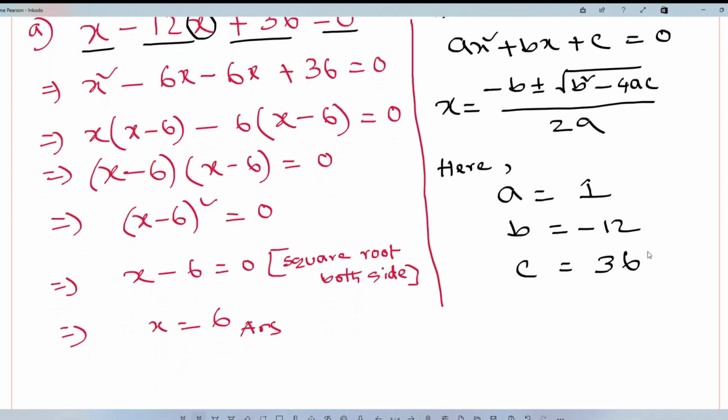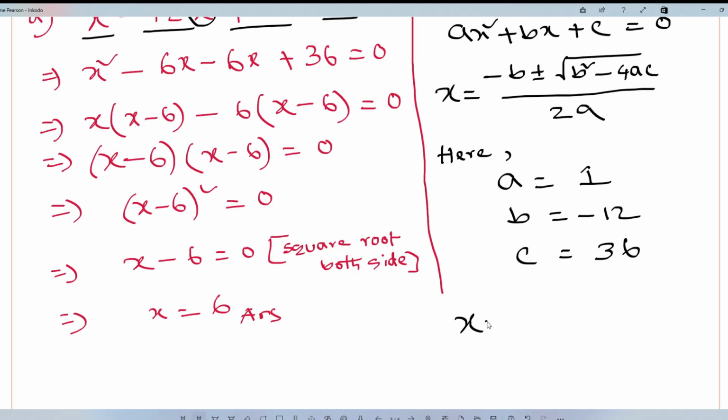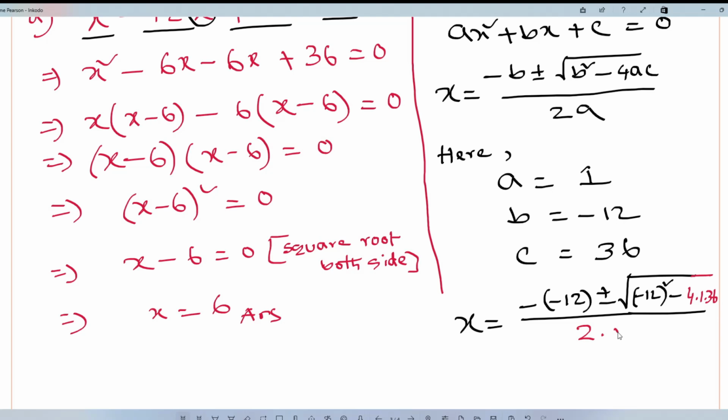Now we put the values in, so x equals minus b, which is minus minus 12. Then plus minus root over b square, minus 12 square. Now look, minus 4ac, 4 is 4, a is 1, and c is 36, whole root, and divided by 2 into a, which is 1.